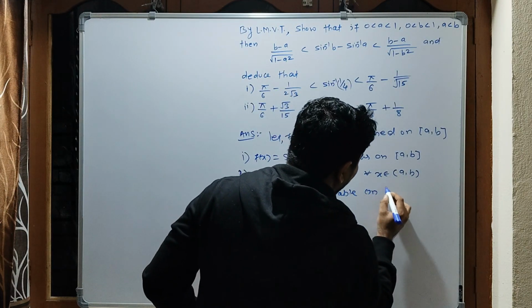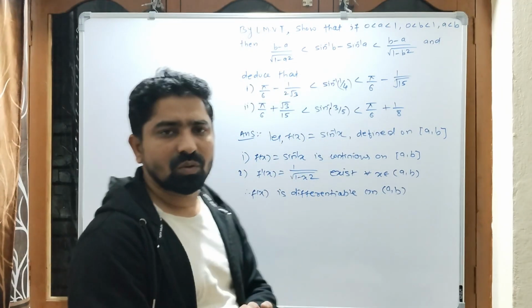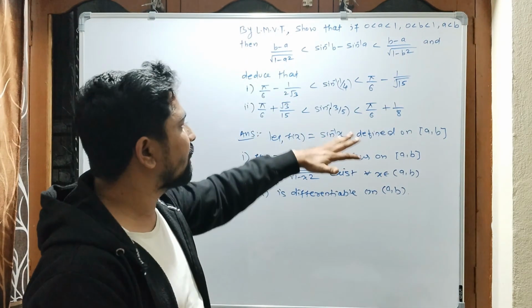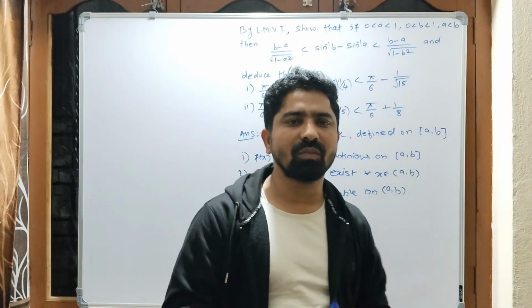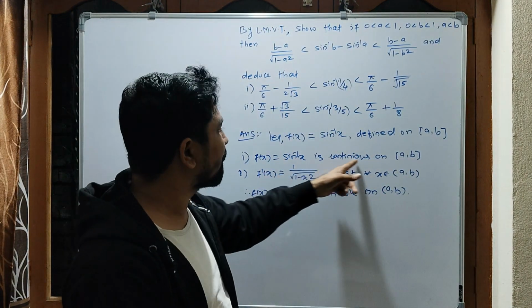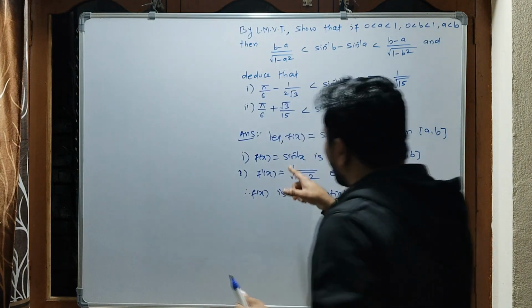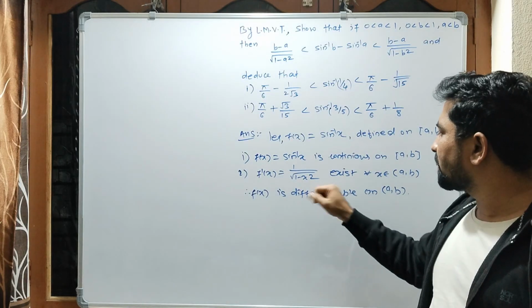on the open interval a to b. We are taking f of x as sin inverse x. As a trigonometric function, all trigonometric functions are continuous, so sin inverse x is continuous on the closed interval a b, and f dash of x, the derivative of sin inverse x, is 1 by under root 1 minus x square.